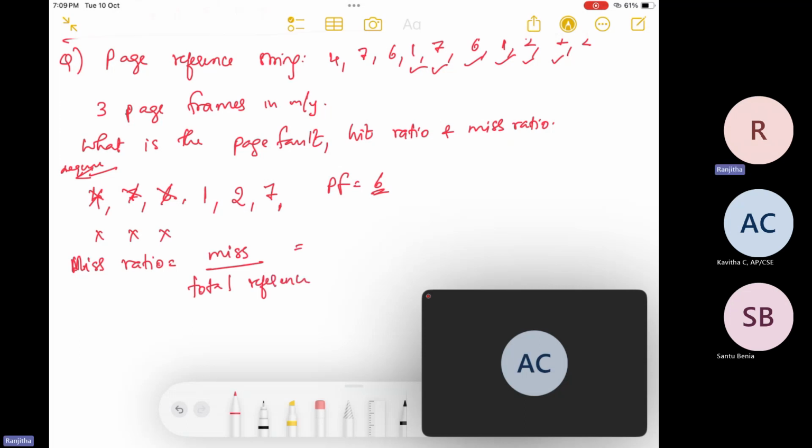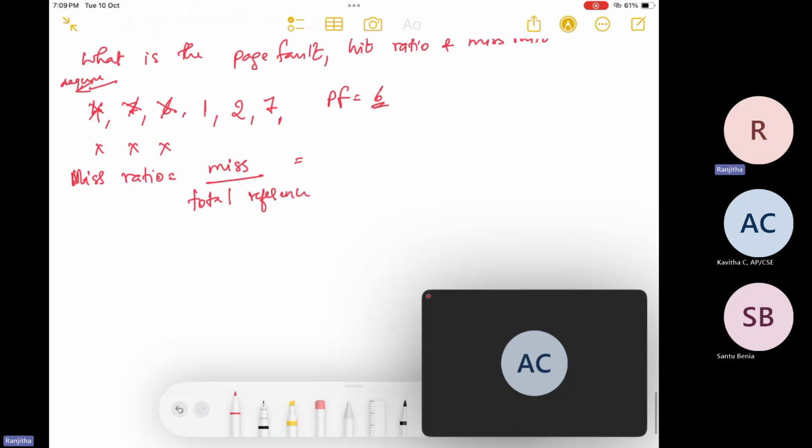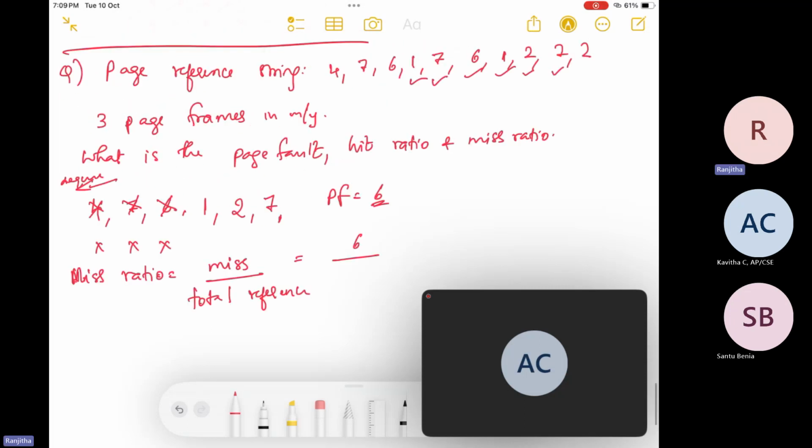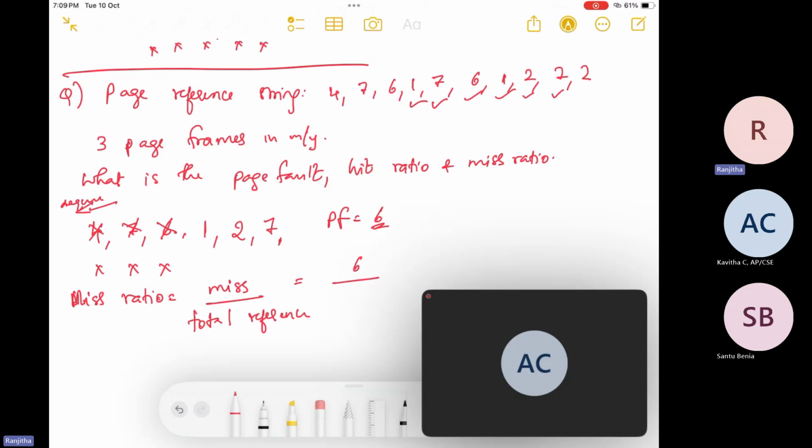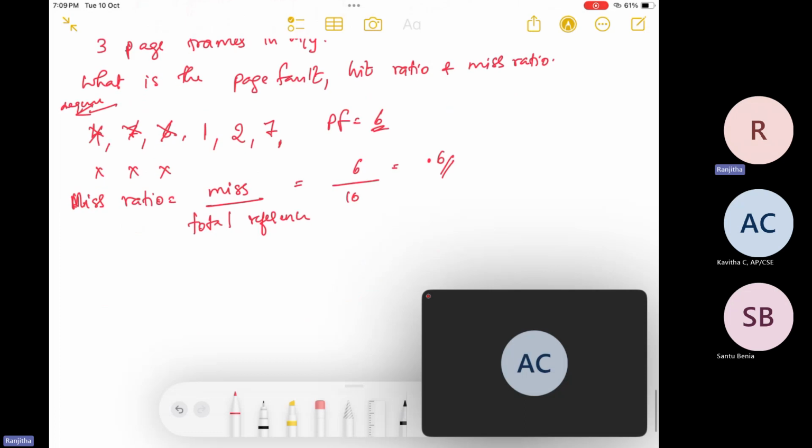So the miss is nothing but the number of page faults, which is 6, divided by the total number of references, 1, 2, 3, 4, 5, 6, 7, 8, 9, 10, which is 0.6. So hit ratio will be 1 minus 0.6, which is 0.4.